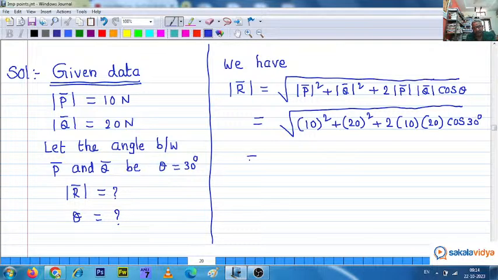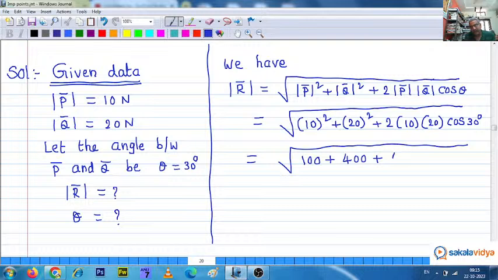Next, we need to simplify. 10 square is 100, am I correct? 20 square is 20 into 20, that is 400, plus 2 times 10 times 20, that is 400, times cos 30. What is the value of cos 30?